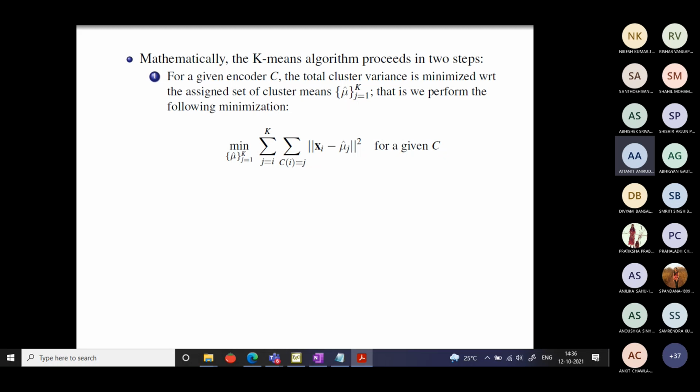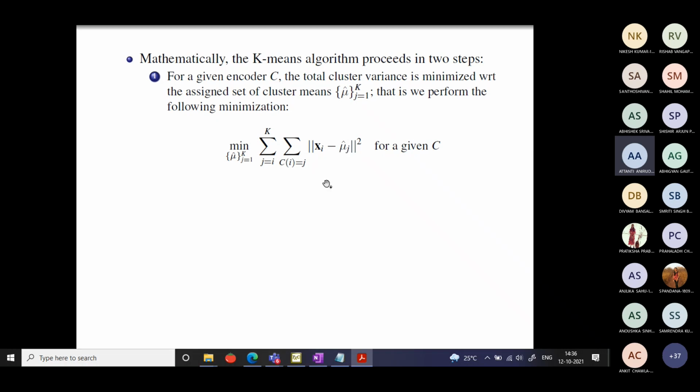Those centroids are nothing but the cluster means. And you minimize this total variance with respect to these cluster means. So there are two processes. In one, you hold the centroids or the means fixed, and based on that you minimize the total variance. In the second step, what happens?